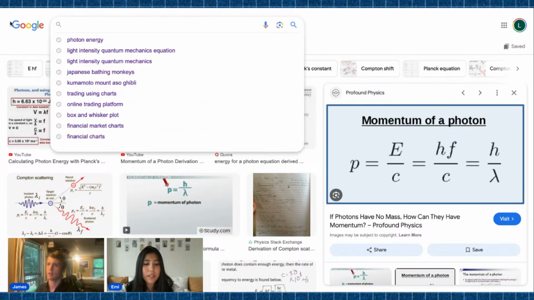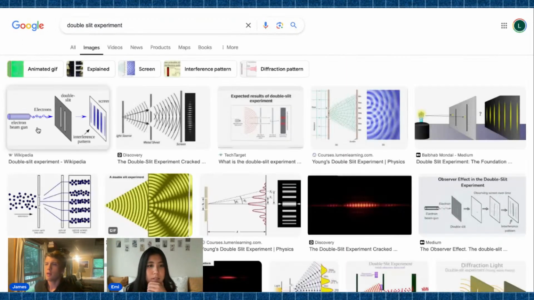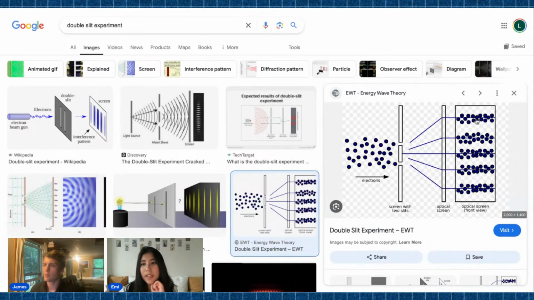If I write double slit experiment, here you've got all these photons that accumulate at certain distances from each other when they pass through the double slit. That shows their wave-like nature, but at the same time, we know that these are photons. When they accumulate at these fringes, you've got a distance between them, and that is your wavelength.